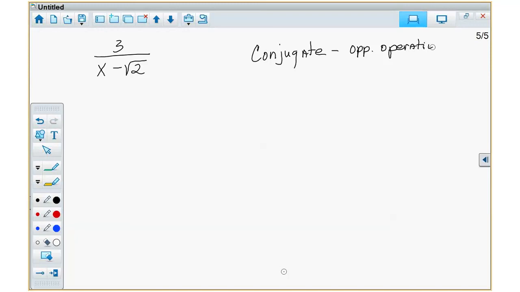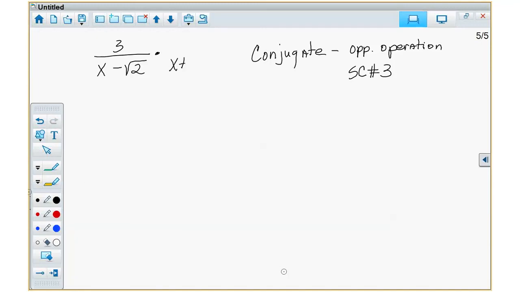And if you use the conjugate, it will always give you shortcut number 3. So what is the conjugate of x minus the square root of 2? x plus the square root of 2.